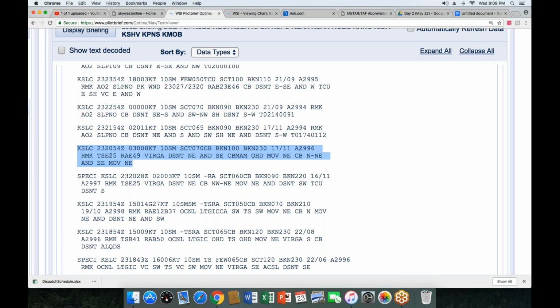All right. So Salt Lake City on the 23rd at 20:54 Zulu. 30 degrees. I've been struggling with that one. Are we thinking of it in terms of a compass and the wind is coming from the 30-degree mark?